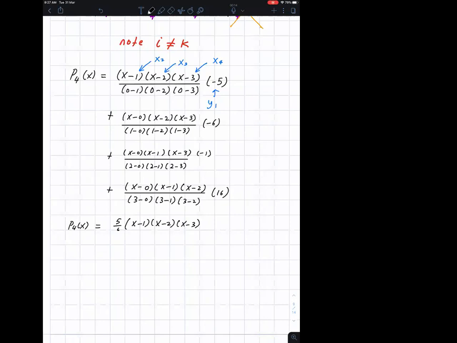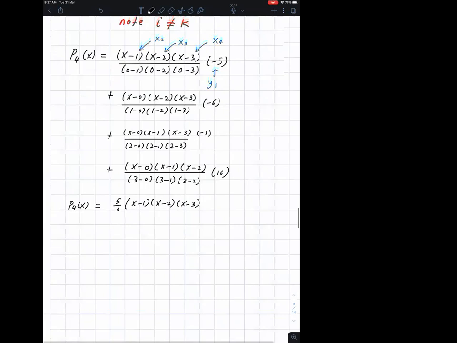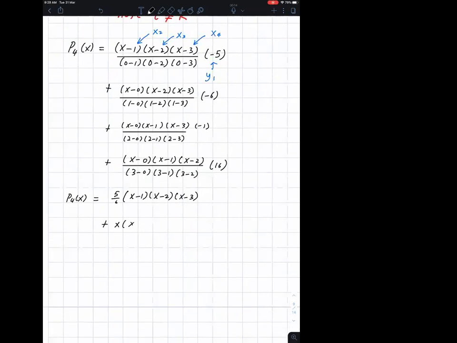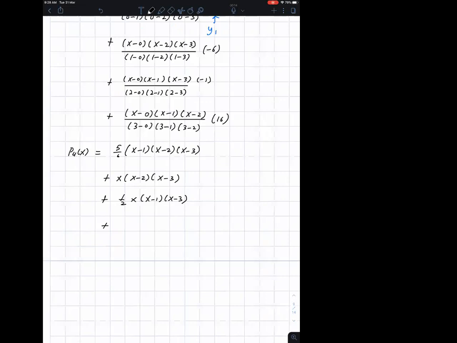Okay, the next one is going to be plus x minus 2, x minus 3. Next one is going to be 1/2 x minus 1, x minus 3, plus 8 over 3, x minus 1.